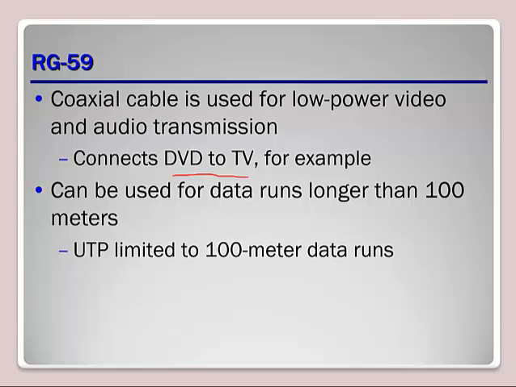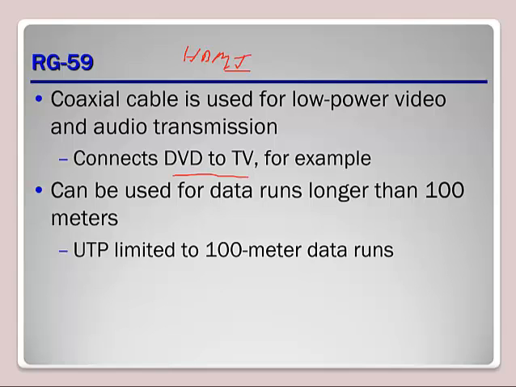I mean, these days this is kind of outdated because I don't think anybody uses RG59 to connect their DVD to TV. We're all using HDMI, or might still be using RCA jacks, but those are better quality and easier to come by than the lower quality coaxial cables.